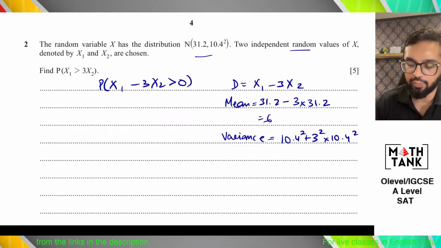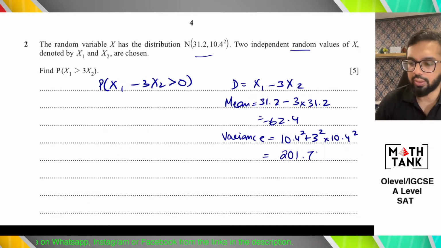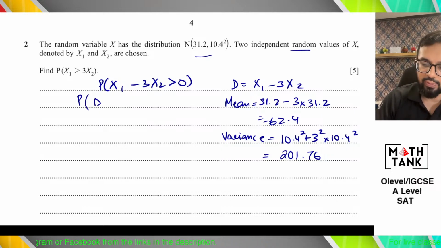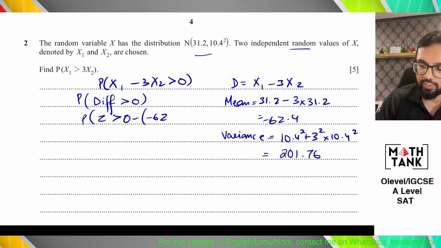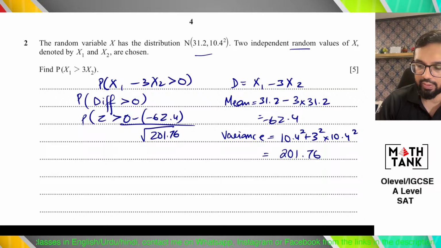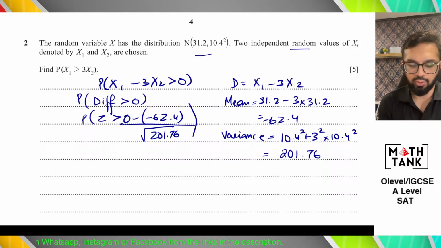The mean is minus 62.4 and the variance is 201.7. Okay, so the difference is greater than 0. Z is greater than 0 minus minus 62.4 over root of 201.76.